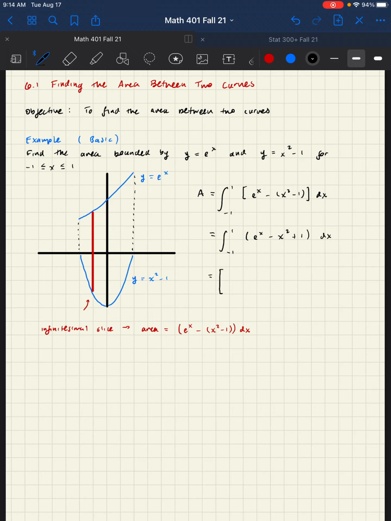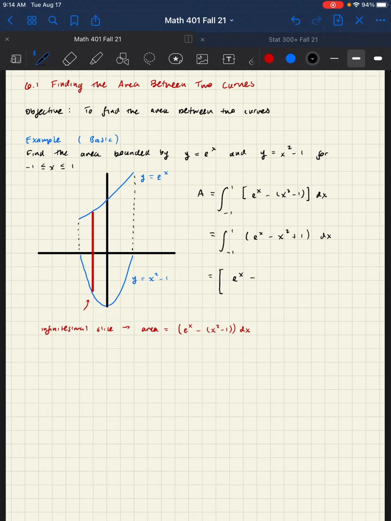And that means finding the definite integral of e to the x minus x squared plus 1. Now, e to the x, that's going to be a simple e to the x. That's the integral of that.